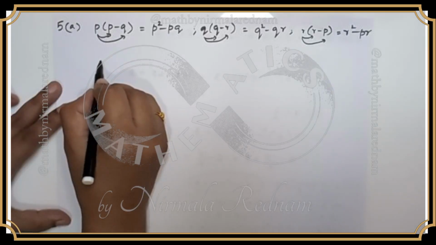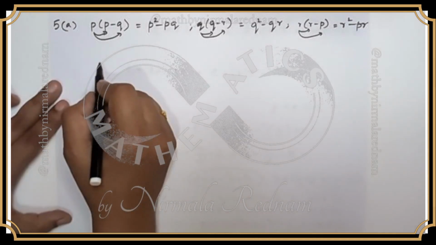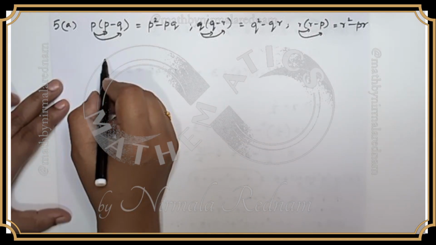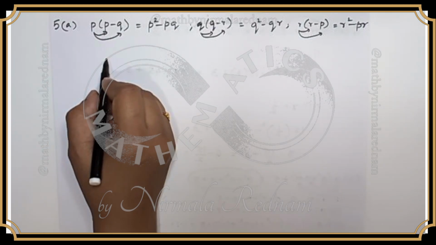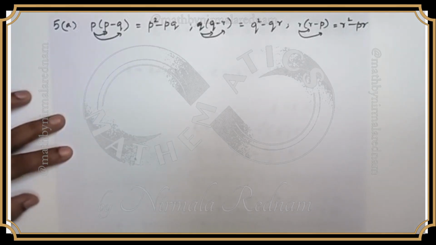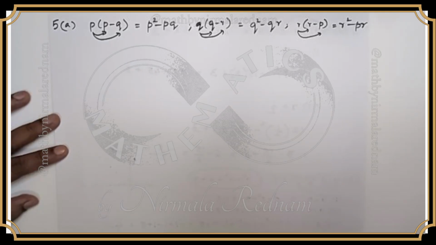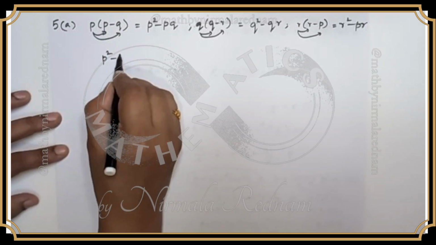Now I have to add these 3 and I'm going to add them just as we learnt in the first exercise. What we'll be doing is writing one below the other. So first I'm going to write P square minus PQ.